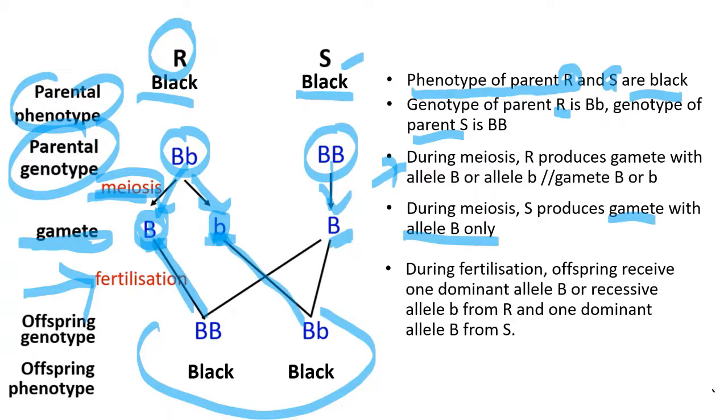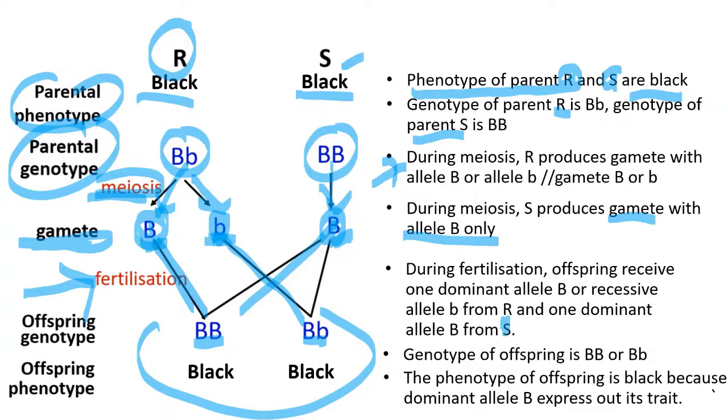And it will receive the other allele from parent S, but it is the dominant one. So the genotype of the offspring is big B big B, or big B and small b. The phenotype of the offspring is black because the dominant allele B expresses its trait.